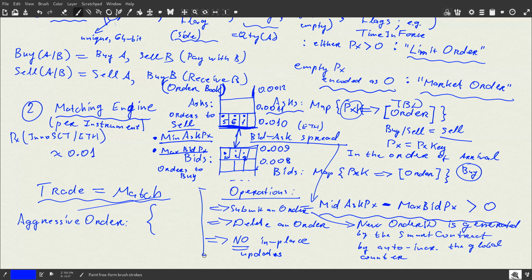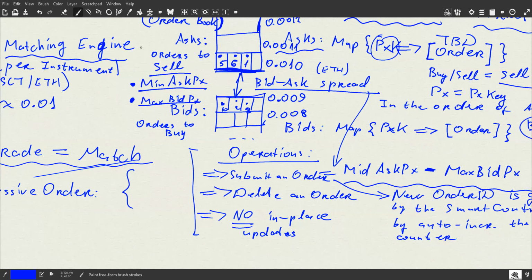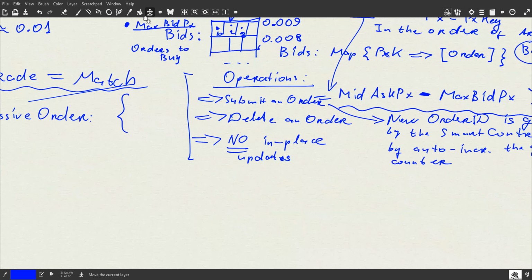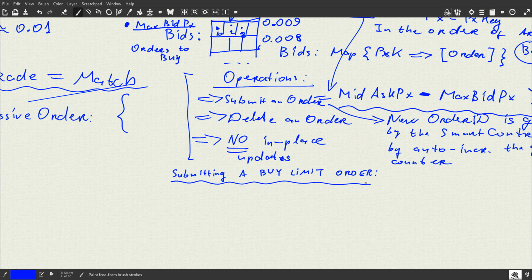Okay. By the way, let's just do an algorithm. The algorithm would be like that. So, for example, submitting a buy limit order. It's not that simple.